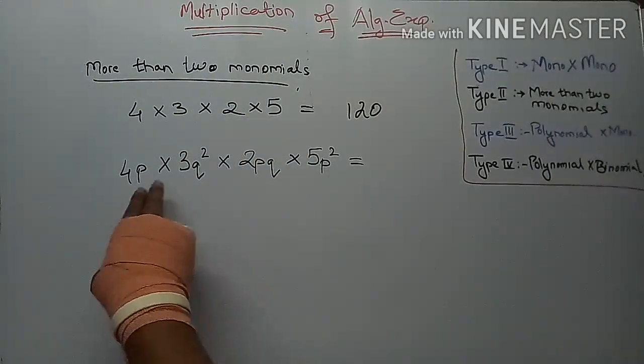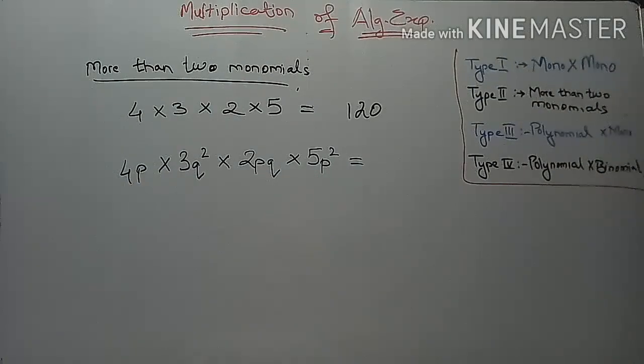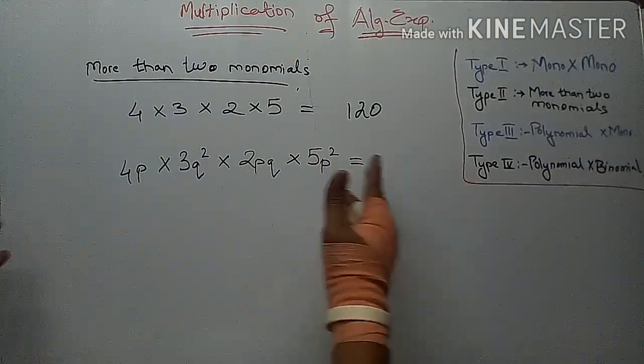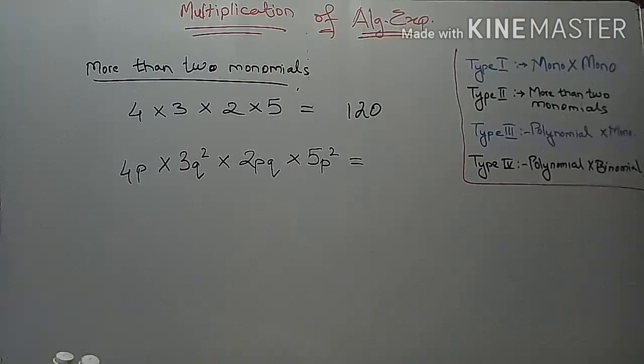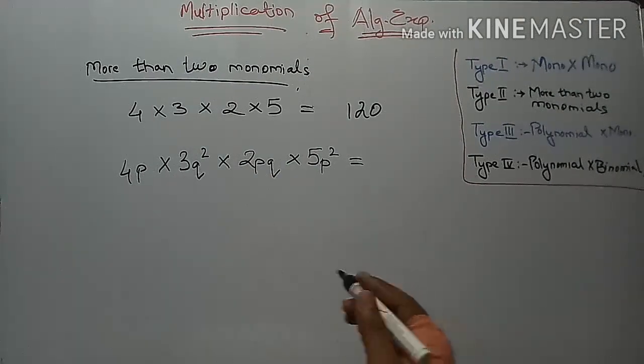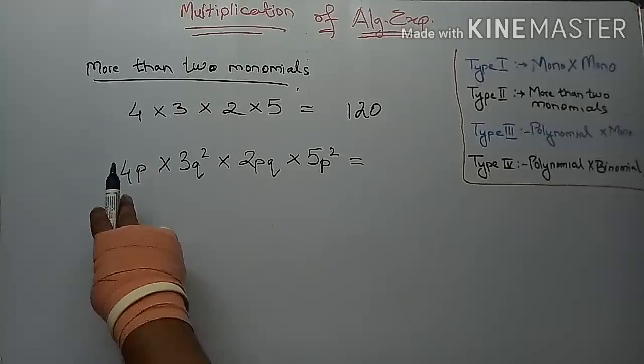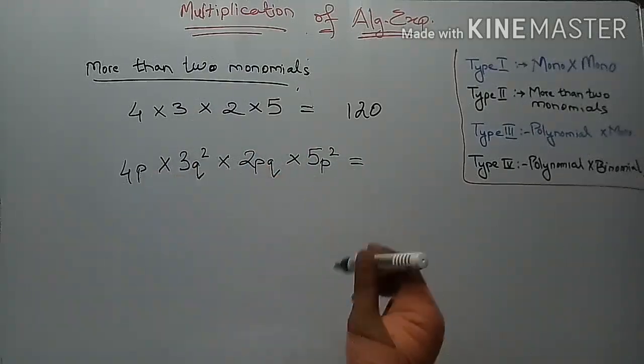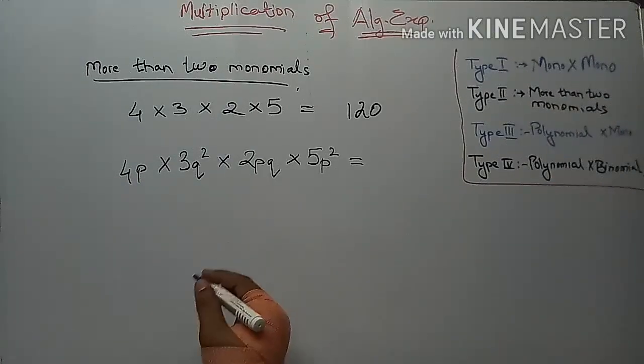Now here these are 4 different monomials which are multiplied. These are very simple things: one term is multiplied by the other, so it is the product of all the terms together. Now we move ahead. As we know, we multiply all the numerical coefficients together and the literal coefficients, that is the variables, separately.